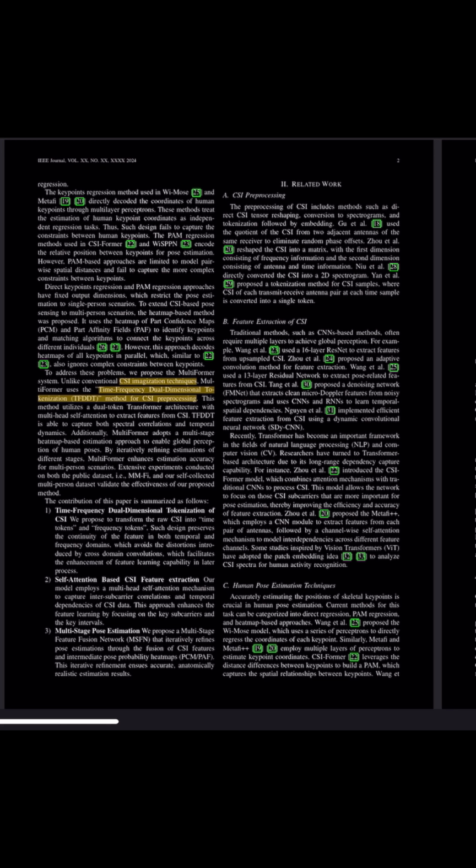Two, a dual-branch transformer encoder that extracts features using multi-head self-attention, modeling spectral and temporal dependency. And three, right here, a multi-stage feature fusion network, MSFN, with PCM and PAF heatmap decoding, refining pose estimates iteratively using attention mechanism.